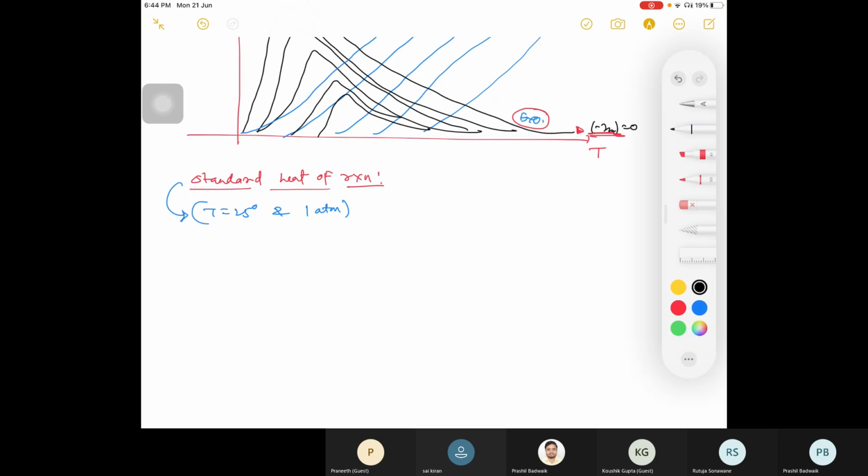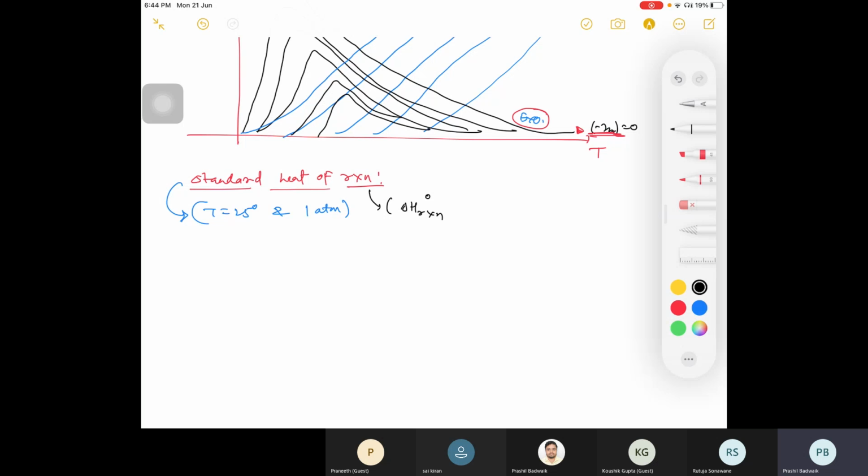Definition. The amount of heat released when 1 mole of reactants are reacted stoichiometrically, at standard state condition. That is your standard heat of reaction.